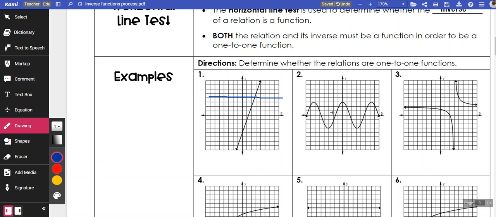This guy number two is a function, but if I run a horizontal line, it's not a one-to-one function, so its inverse is not a function. Is this guy a one-to-one function? The answer is yes. We know it's a function because it passes the vertical line test, but its inverse is also a function. So yes, it is one-to-one.